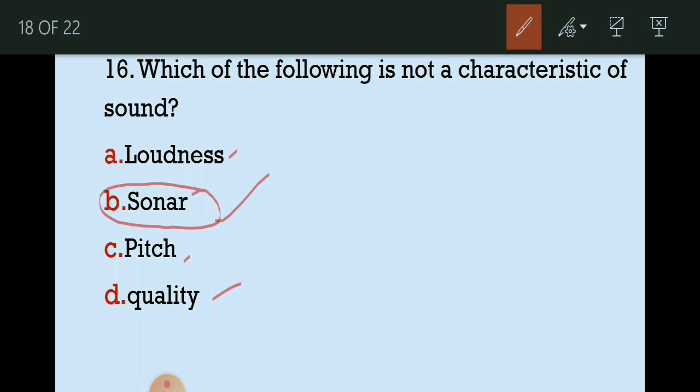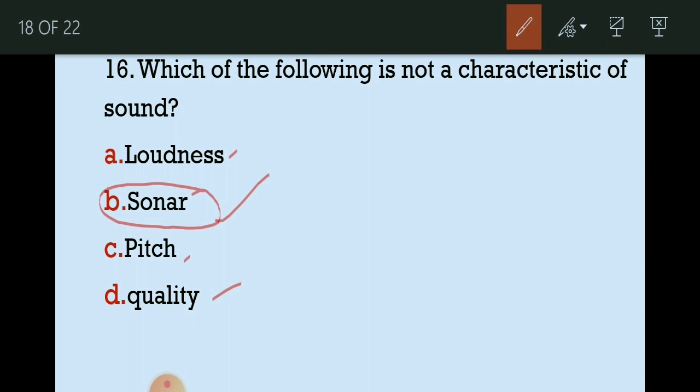A receiver is also present in case of sonar. So what is sonar? Don't forget, sonar is sound navigation and ranging. I told you research, but it is not research. With the help of sonar we can easily calculate the depth of the ocean.